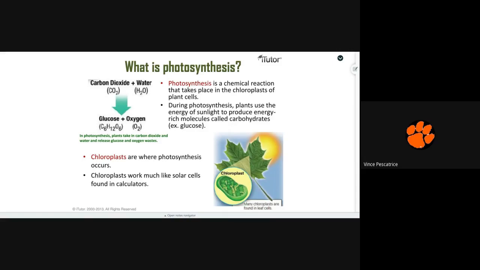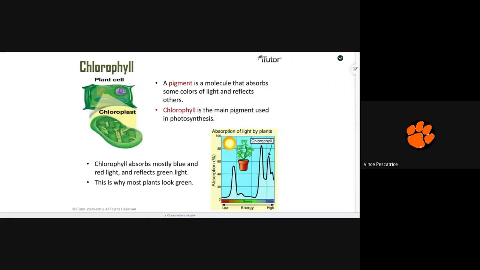Up next is chlorophyll. Okay, chlorophyll is the main pigment used in photosynthesis.